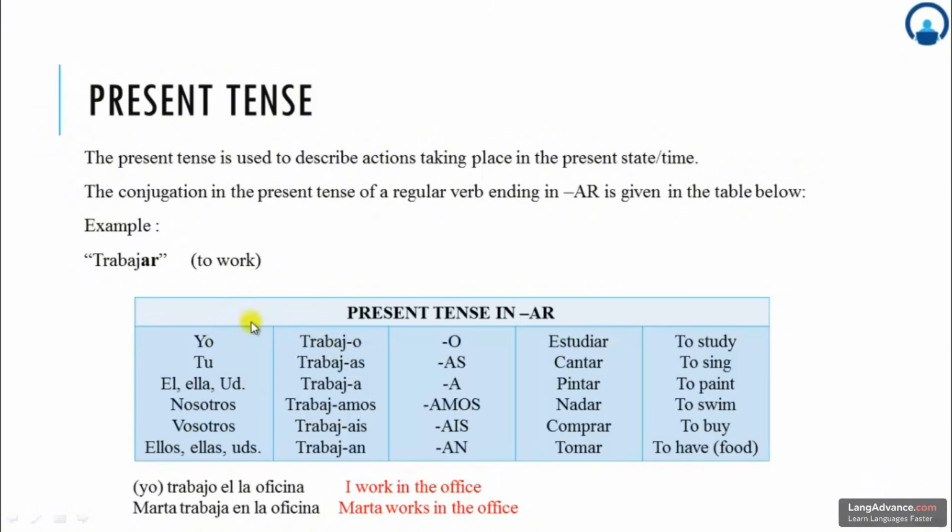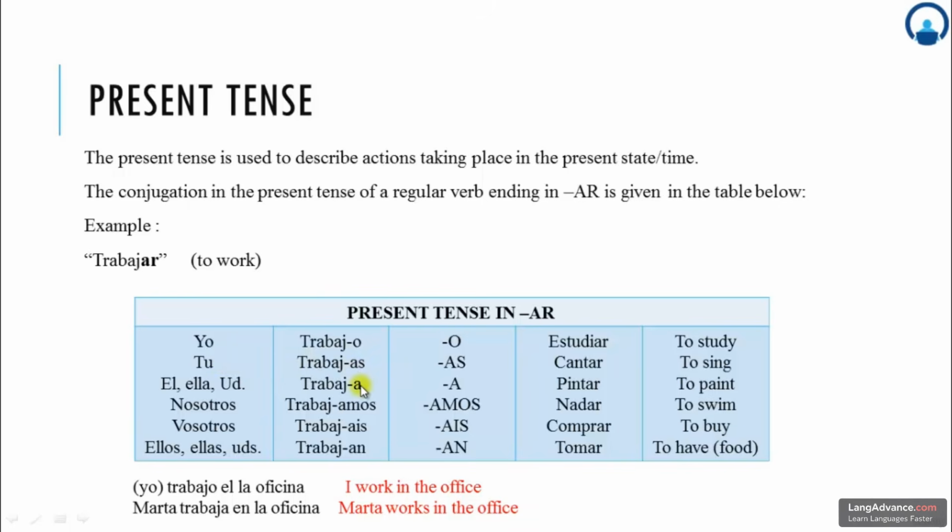That means it will become I work. Similarly, for the next one, I remove the AR and I put AS, and that becomes trabajas, which goes with the subject pronoun tú. That means tú trabajas, which means you work.